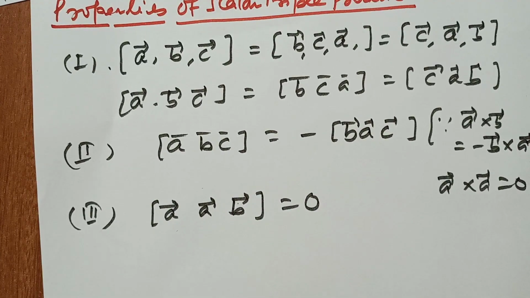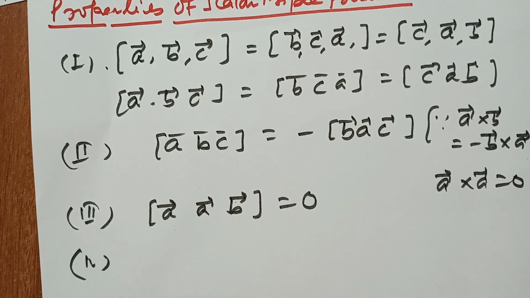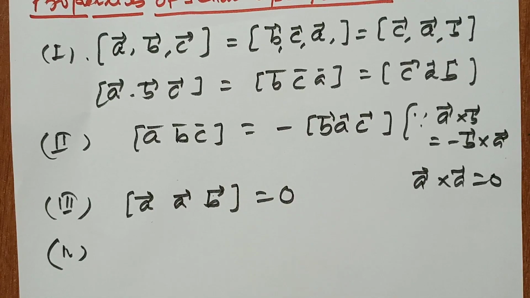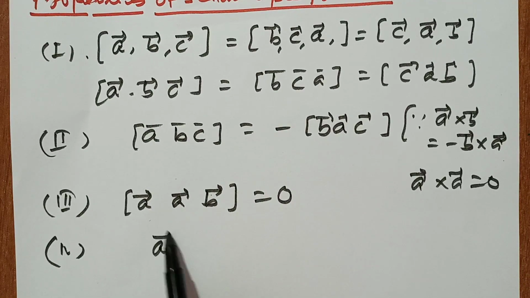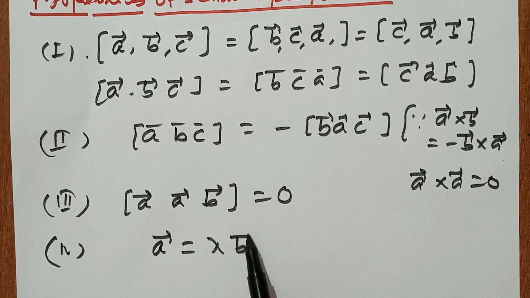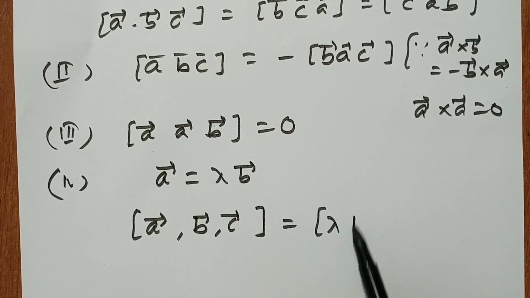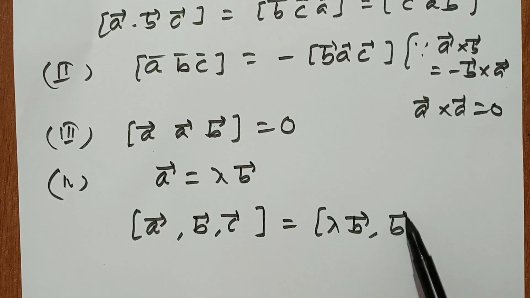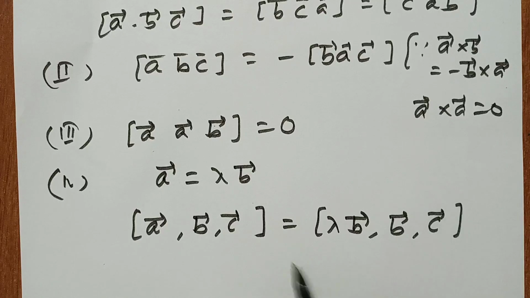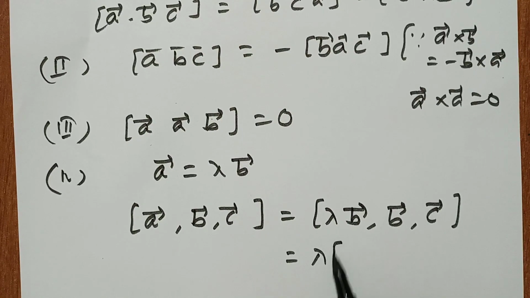Also, if one vector is parallel to another, meaning A is equal to lambda B, then in this case [A B C] is equal to [lambda B, B, C]. Lambda comes outside, so [B B C] is equal to 0.